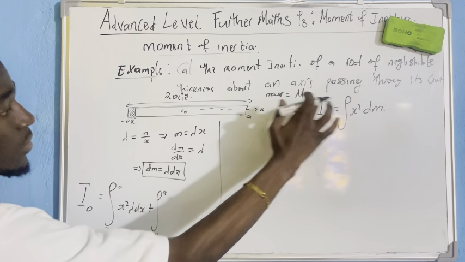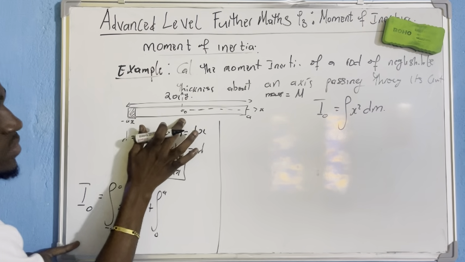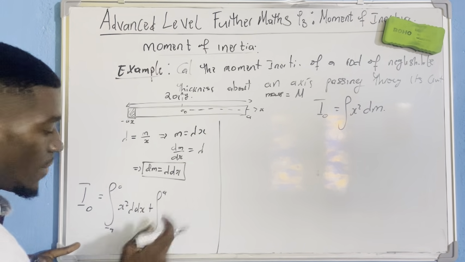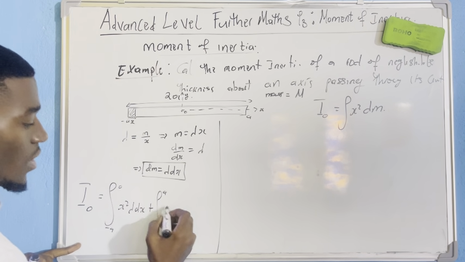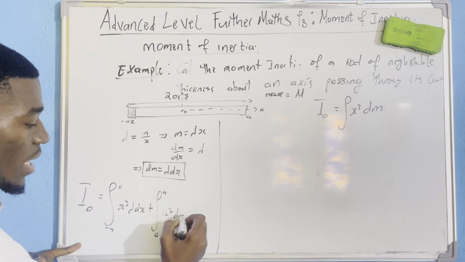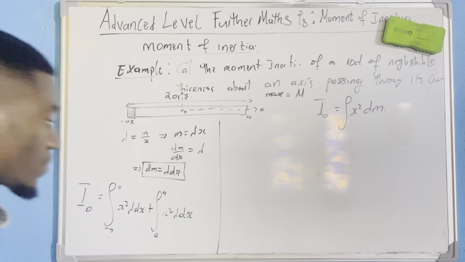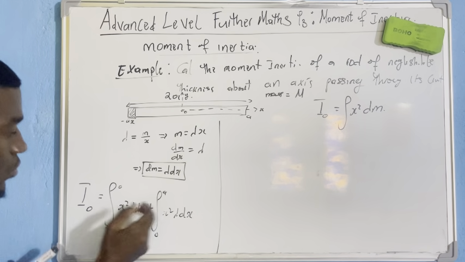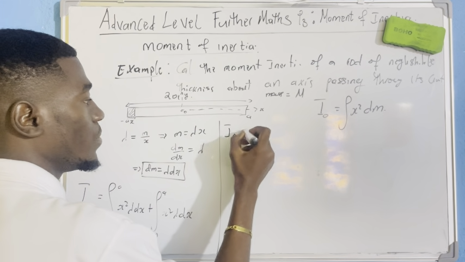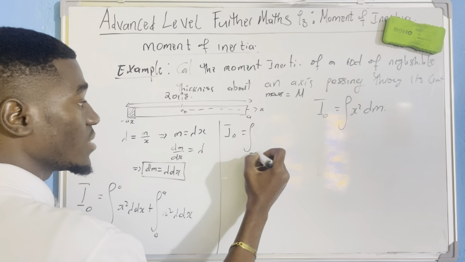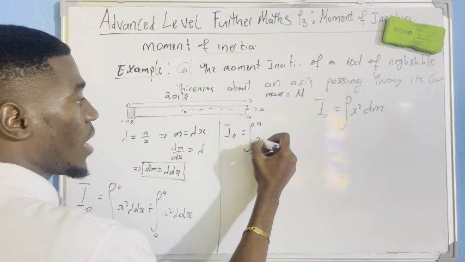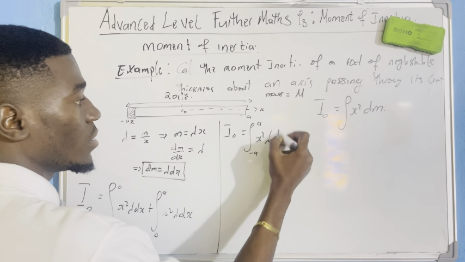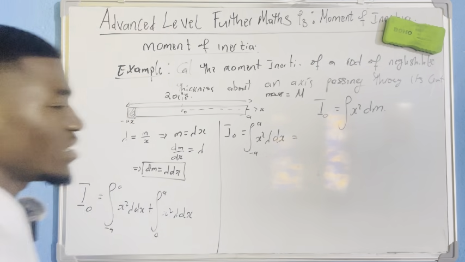So to take all the rod, I should start from negative a to 0, then 0 to a, of x squared lambda dx. As simple as that. Now you can see that from negative a to 0 and 0 to a, it is simply the integral from negative a to a of x squared lambda dx. As simple as that. Then from there I integrate.